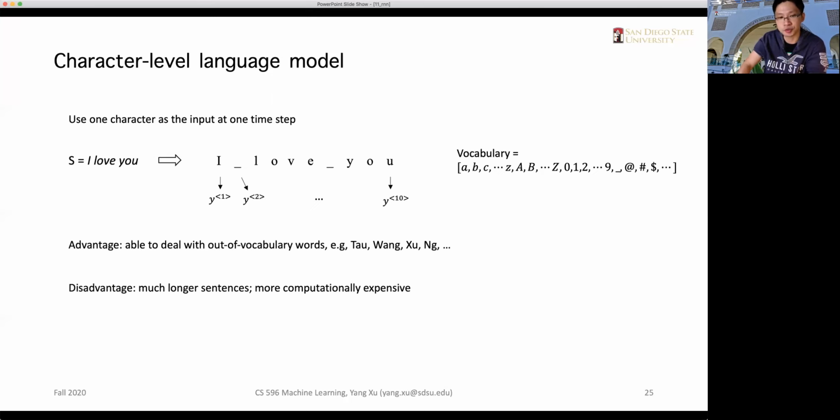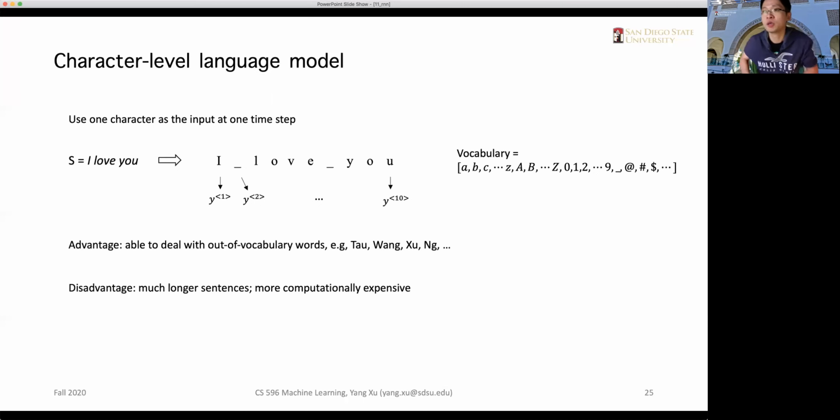It's much easier to estimate the probability. And also, the sentences are much longer, so that means your recurrent neural network should take care of much longer inputs, which means they are more computationally expensive.